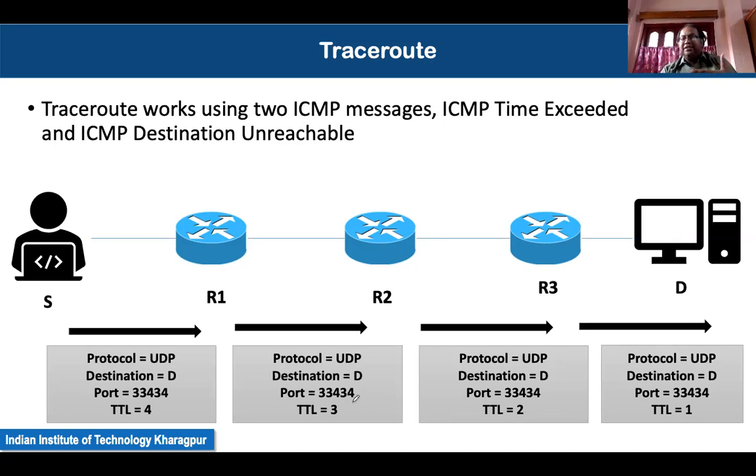Once D receives it, D is the final destination because my destination IP matches here. But D will see that at the port number mentioned in the packet, no application is running. When no application is running, D will not be able to forward this packet to a particular application.